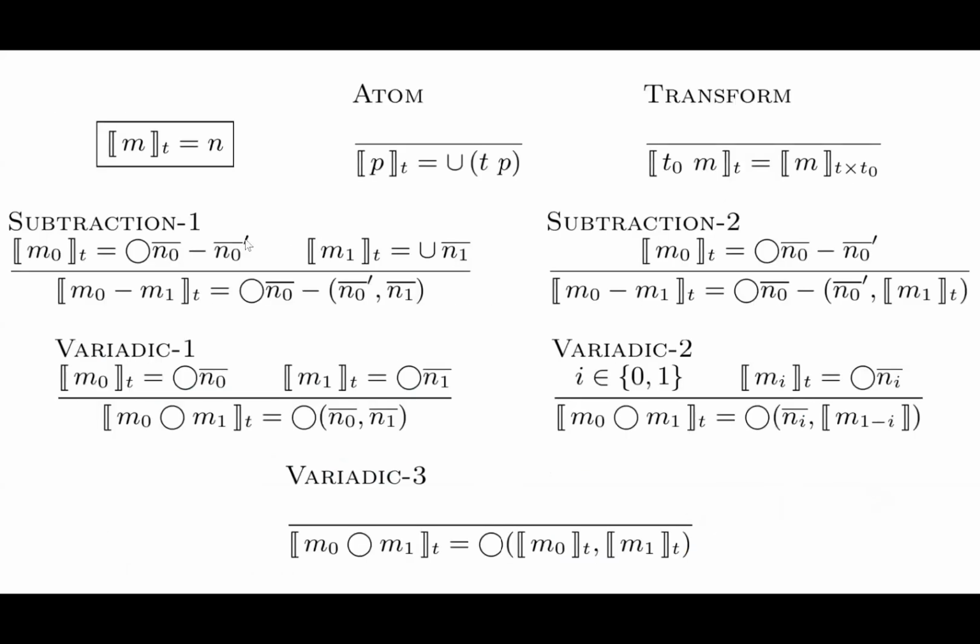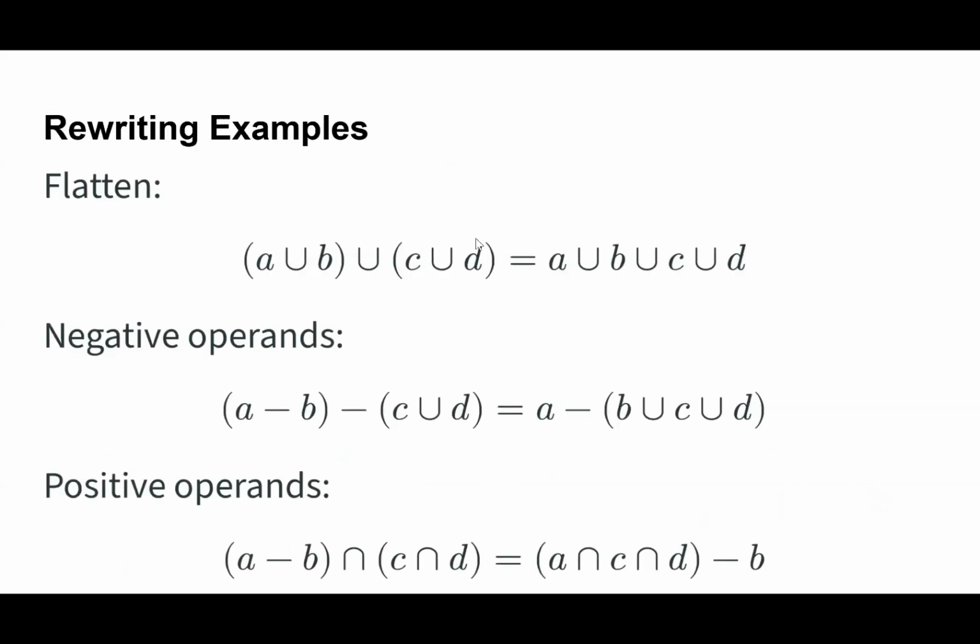These are the rules. They are actually quite simple. So you store the transformation here, you propagate down until you get the atoms, and then you apply them. And this just composes the transformations. And for this rule, I have examples. For example, here we have the simplest case, which just flattens it into a variadic union.